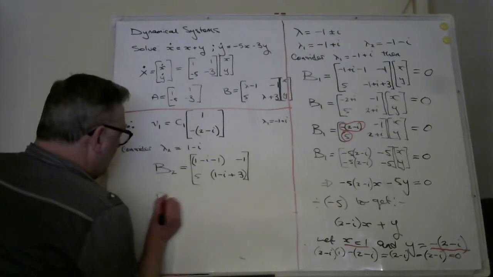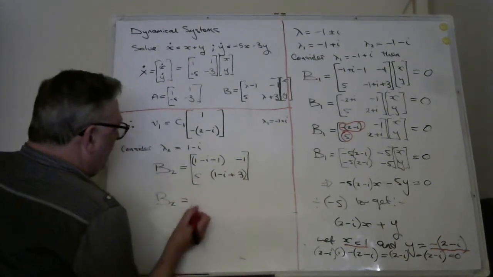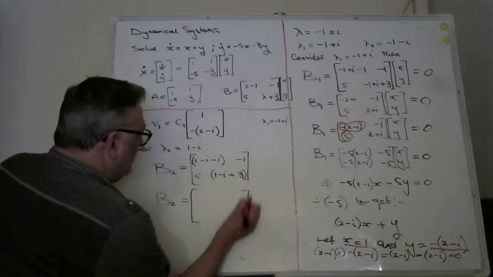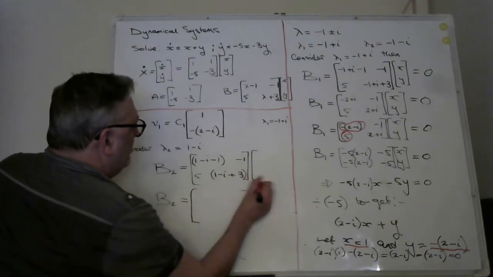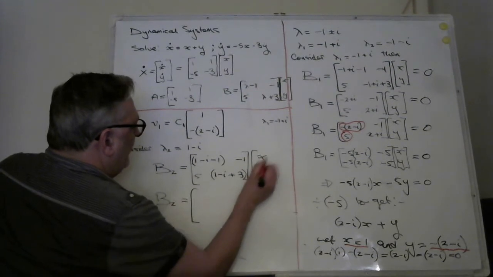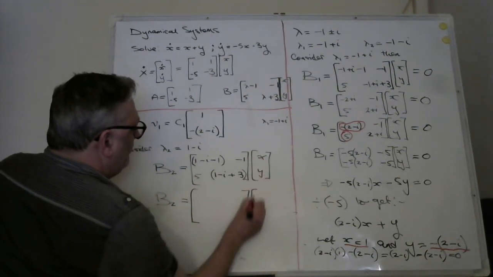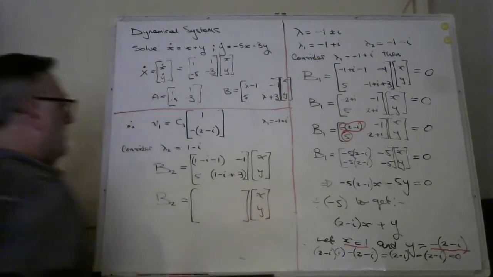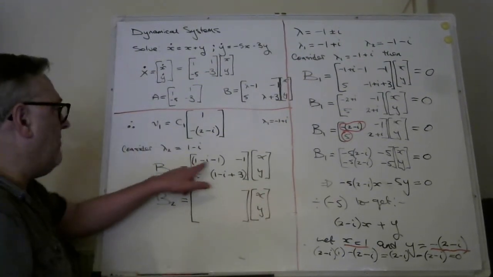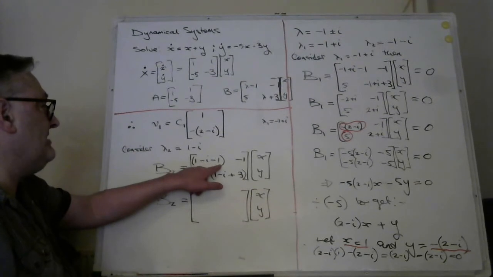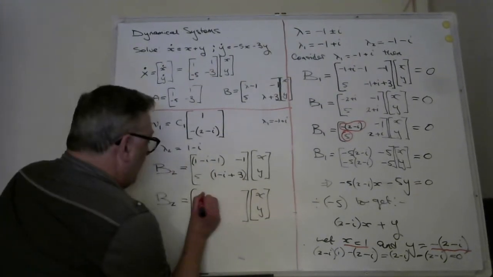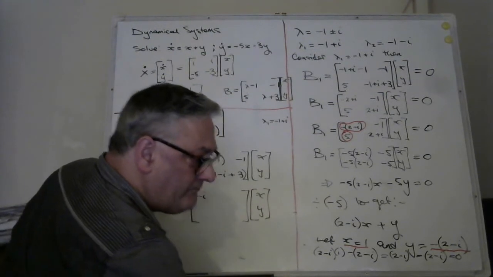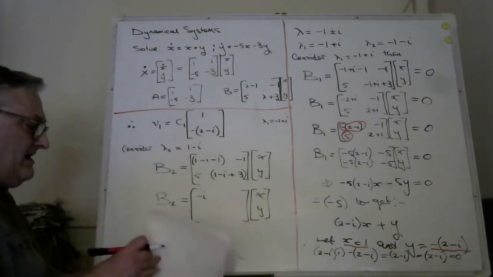So B2 is equal to a simplified matrix of, and I'm forgetting to put my xy vector in again. So 1 minus 1 is 0, so that's just minus i. And I'll double check that I am getting the right values here.